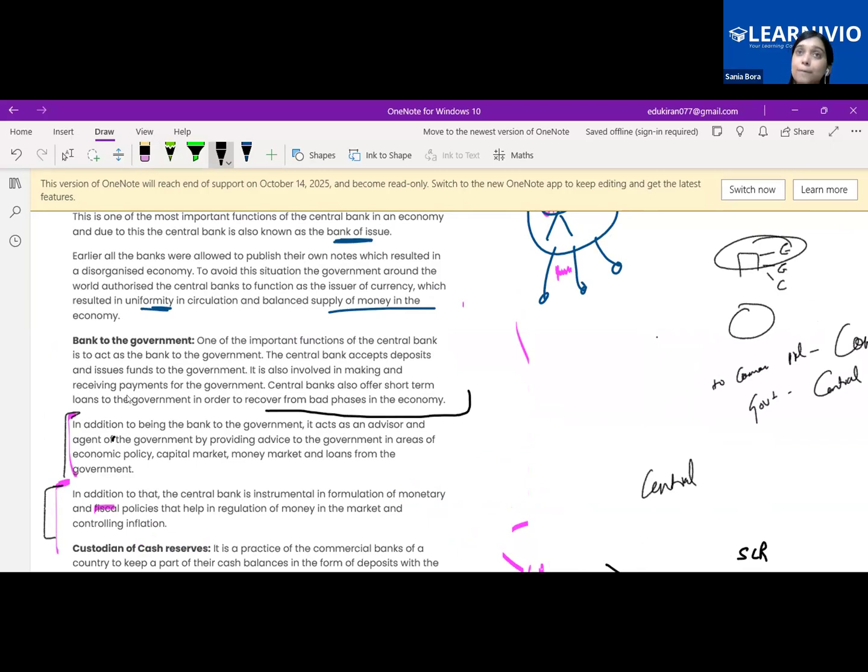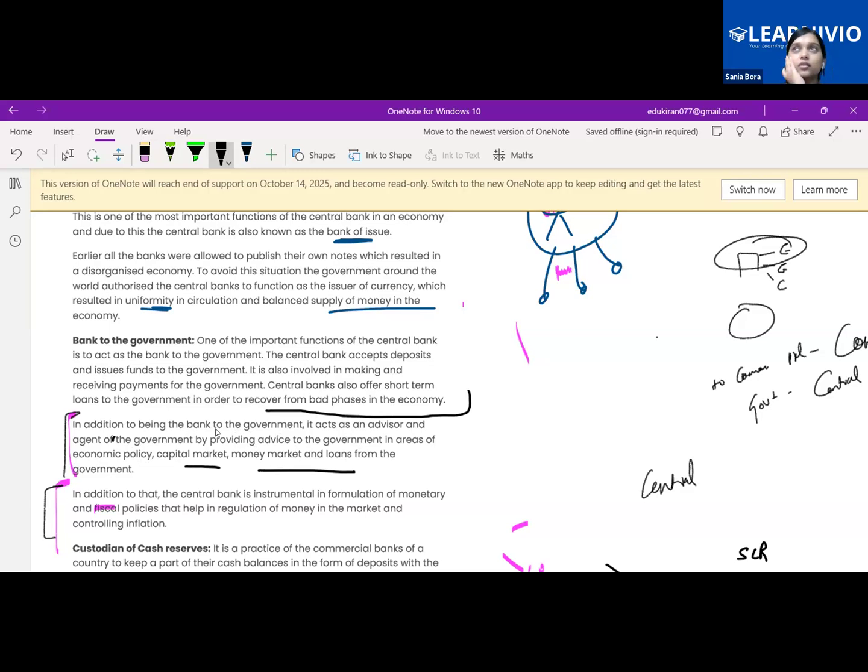And apart from issuing money, in addition to being the bank to the government, it acts as an advisor and agent to the government by providing advice in areas of economic policy, capital market, money market, and loans for the government. So it's not only giving the money.